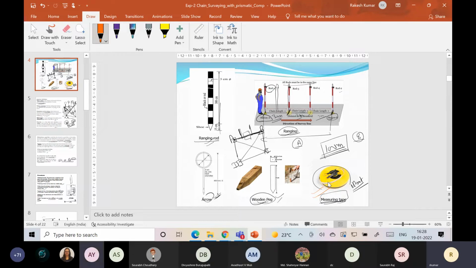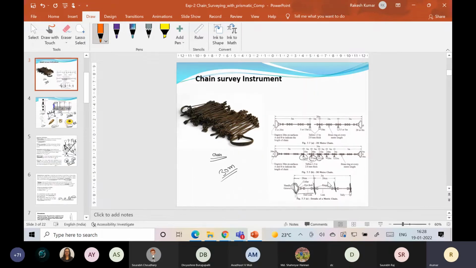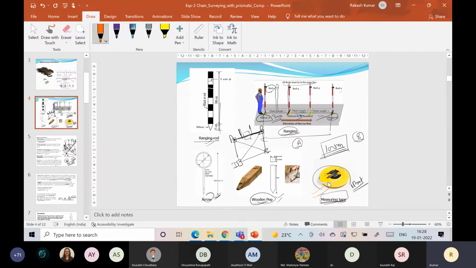Rigidity. Because the least count of the chain is 20 centimeters, and your measuring tape has a least count of 1 mm. So I think the measuring tape is more accurate, can I say? Sir, but in a chain we can place ranging rods in between to make it straight, but in a measuring tape we have only a few points. Again, I'm able to place the ranging rod.